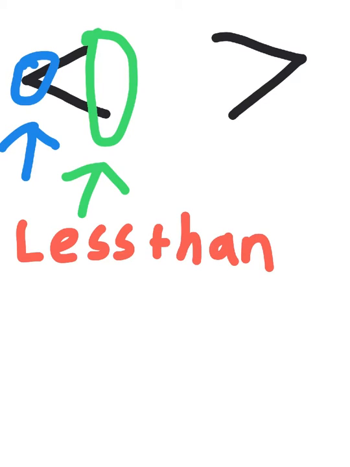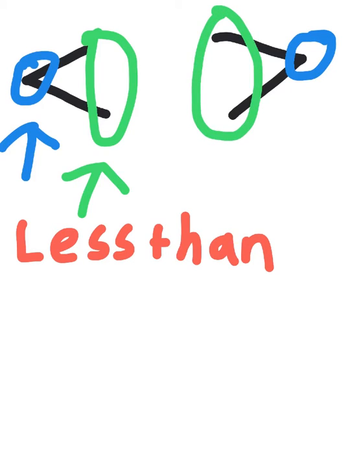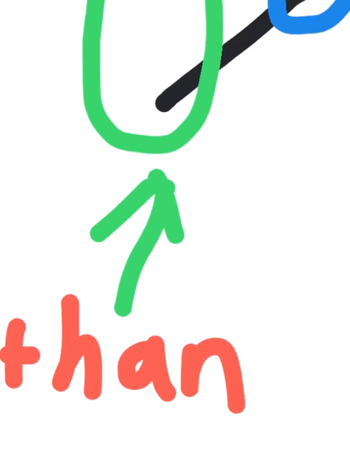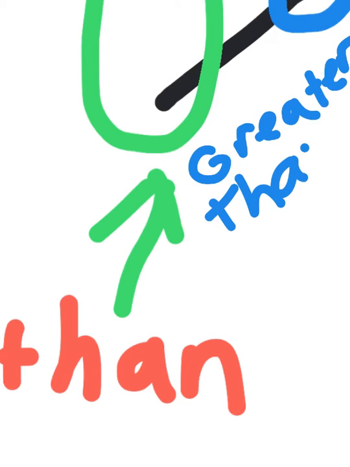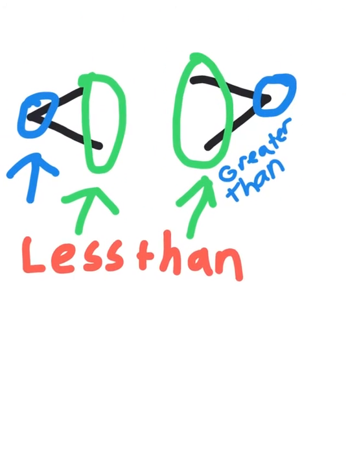Now, if we look over here at the other sign, notice how this end is over here, and then the mouth of it is opened up over here. This one would be the greater than sign.